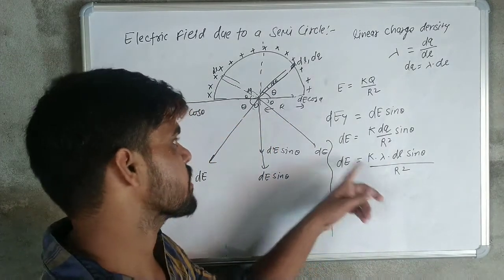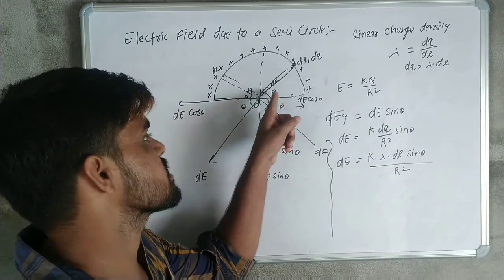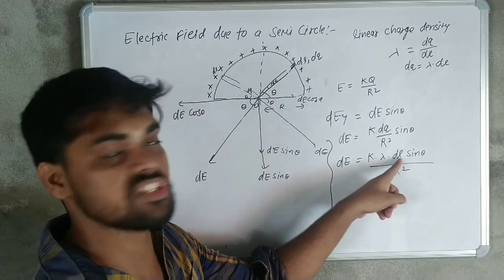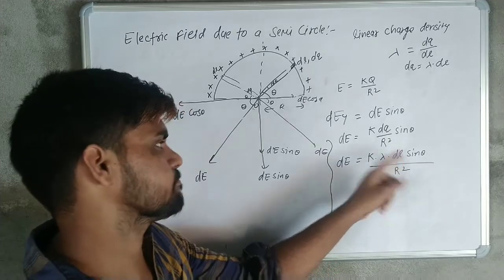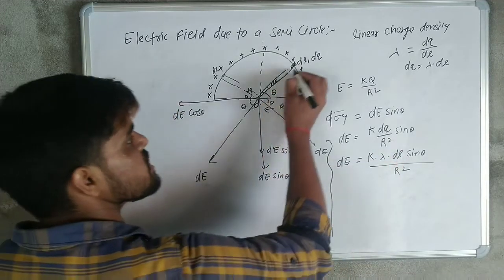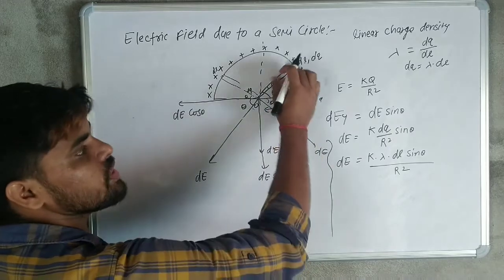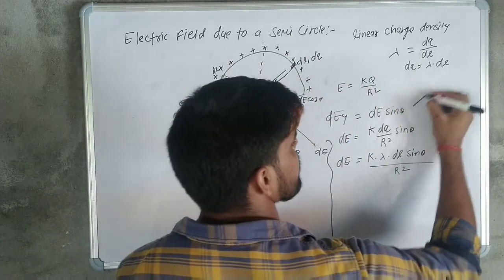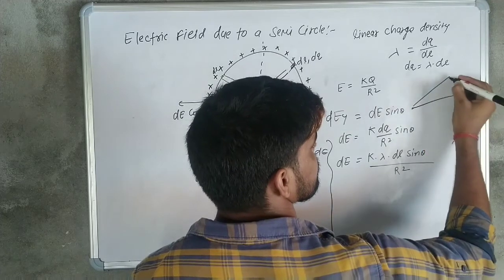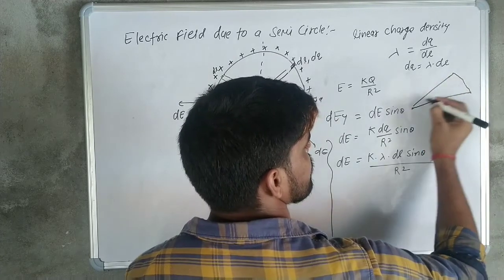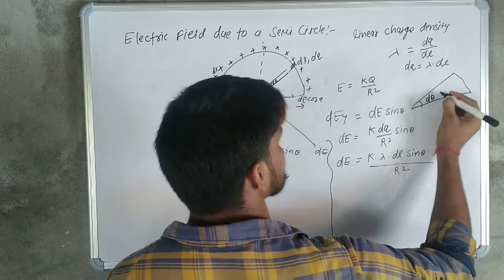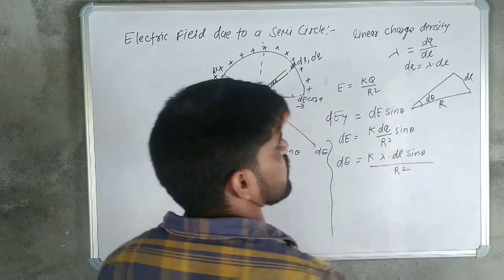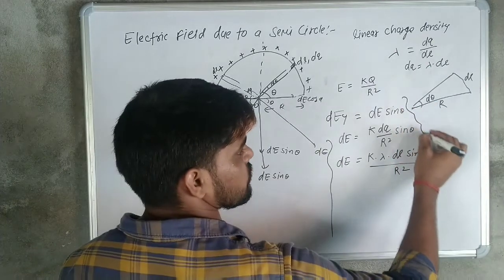Here we see that theta is variable, so we change dl into theta. Now we zoom in; the figure looks like this, with d theta, dl and r.